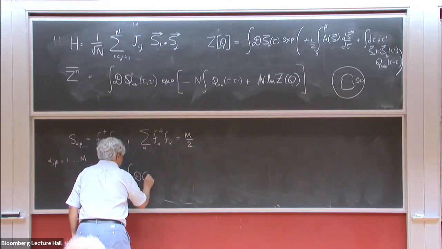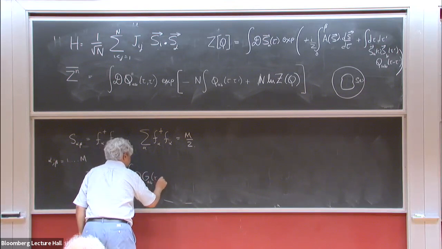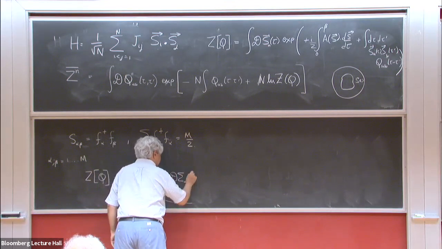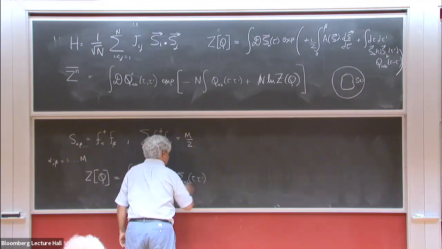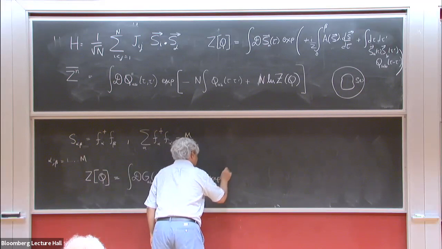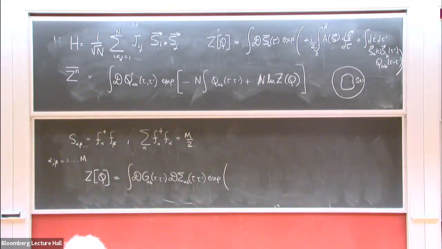It's a G-sigma path integral, over G_AB of tau, tau prime, and sigma_AB of tau, tau prime, exponential. I'm going to have to look this up now. This is relatively new work.